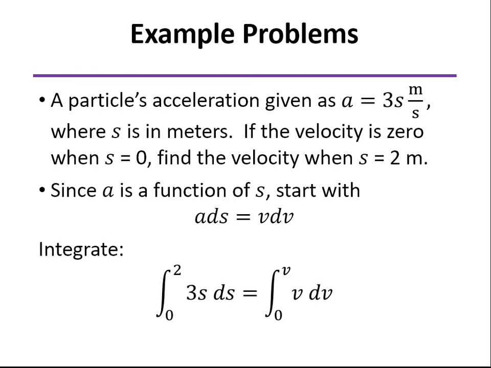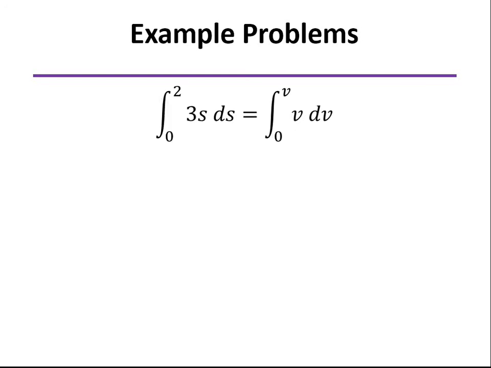The limits of integration will be from position s equals 0 to position s equals 2 meters, and on the right side, because we start at rest, velocity is 0 at s equals 0 to the velocity we're trying to find at s equals 2. And remember, when you integrate v dv, it's not v, it's 1/2 v squared, and from that you can solve for your value of speed.